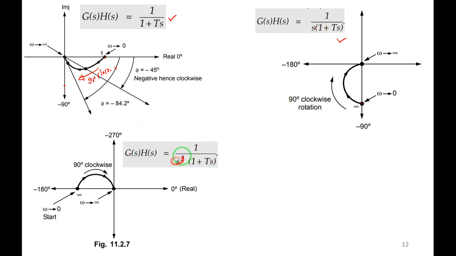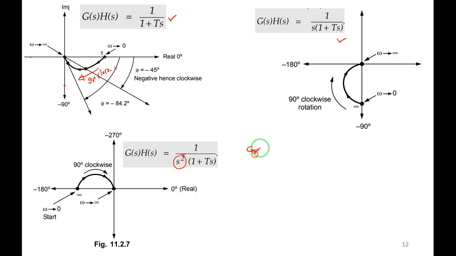So two poles are there, right? So 90 into 2, 180 degree clockwise rotation. So from here to here, it is 90 and 180. The starting point will come here, 180, and this is the ending point. So it will join like this. So the plot is coming like this. I hope you are getting it for two poles.